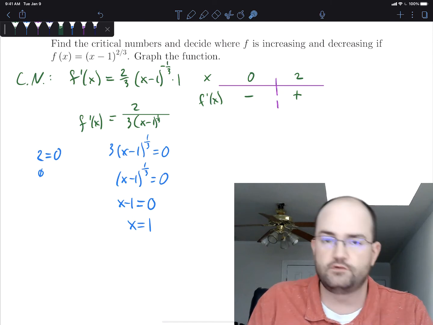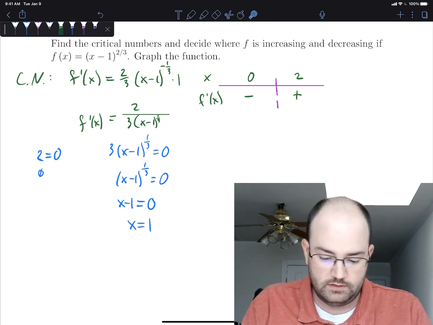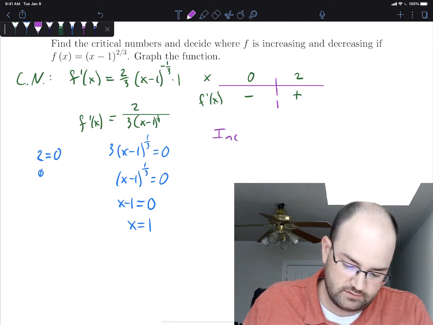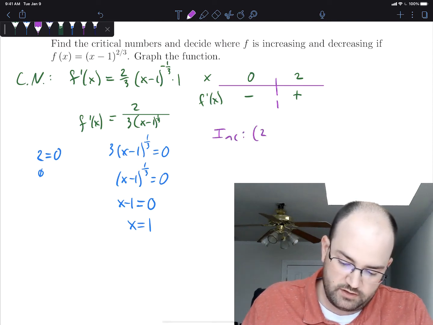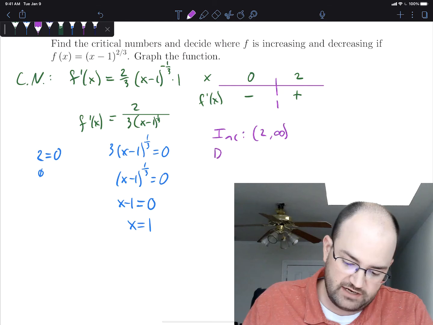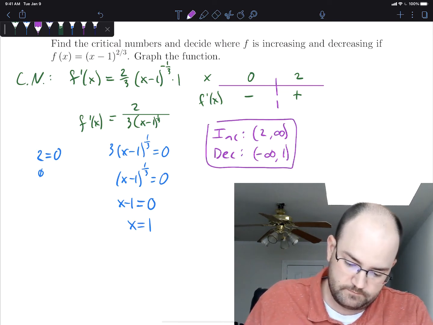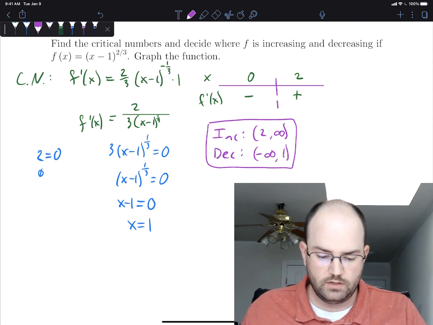So as a result, that tells me that this function is increasing on 1 to infinity, and it is decreasing on negative infinity to 1. And there we go. Good deal.